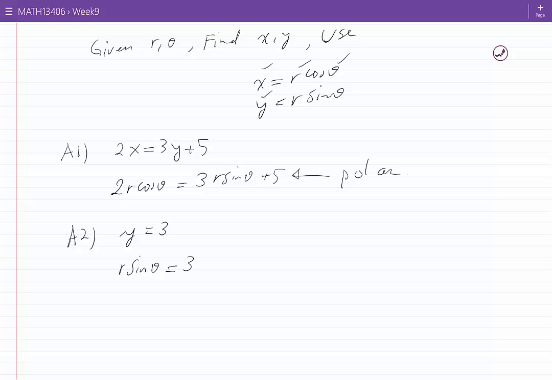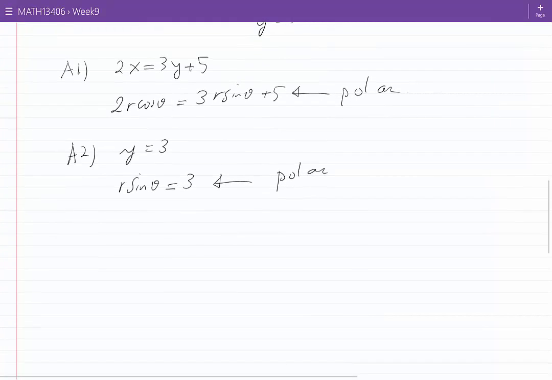That would be equal to 3. In this equation, we don't have any x or y anymore, and we've been able to replace x and y by r and theta. Therefore, we say that this is the polar form of the original equation.